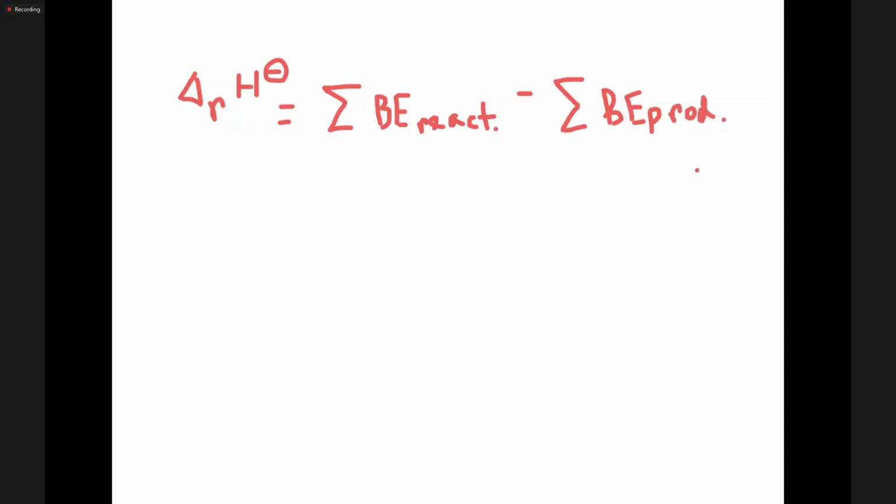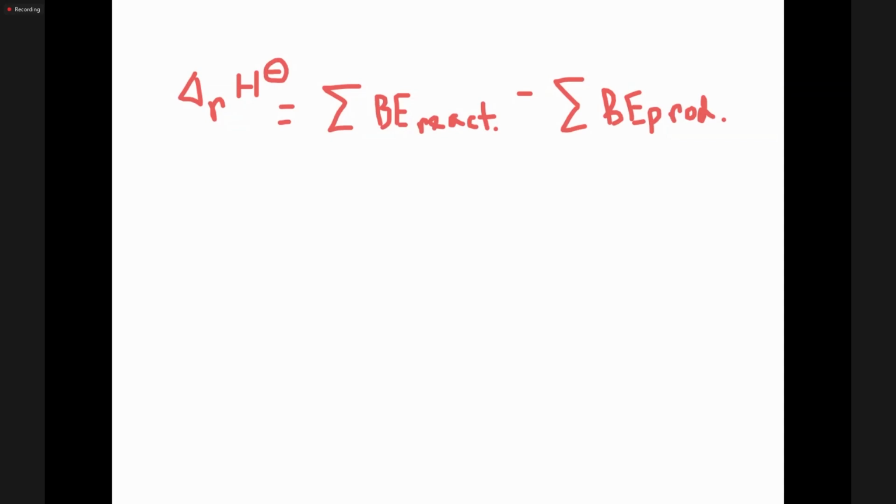So in this way, we can calculate the reaction enthalpy. The reaction enthalpies are a very important quantity because they arise from the change that accompanies the breaking of the old bonds and the making of the new bonds. And so we can predict the enthalpy of a reaction in the gas phase.